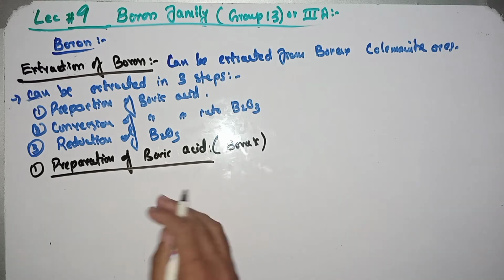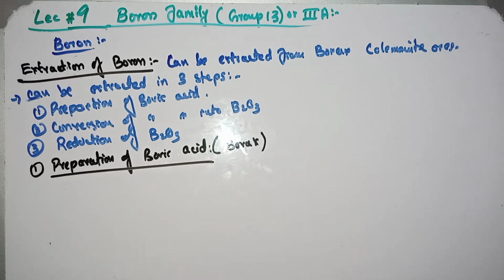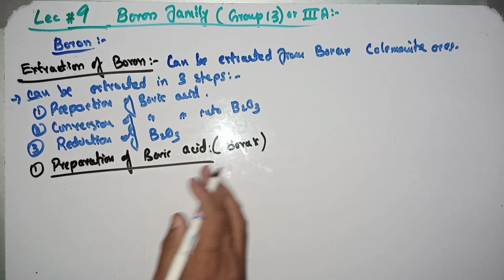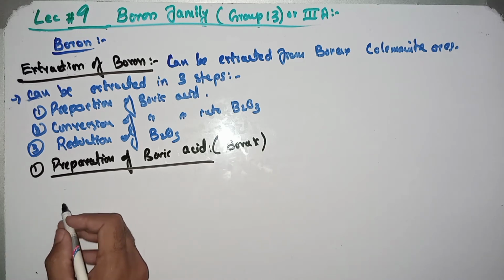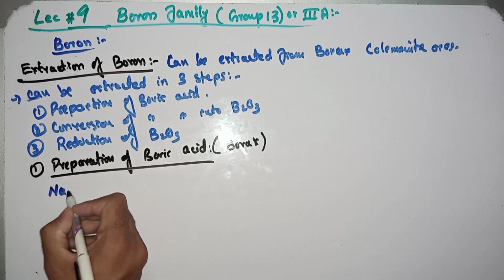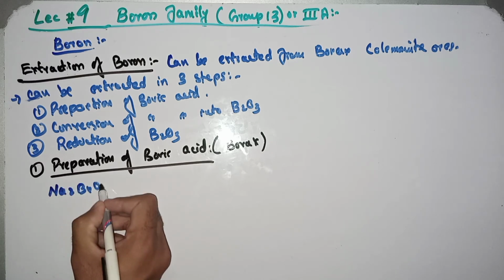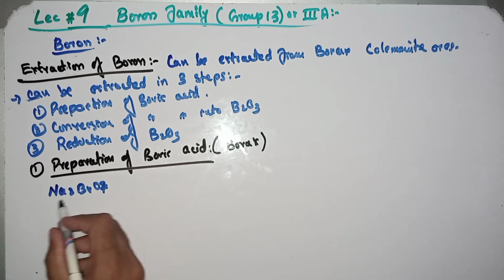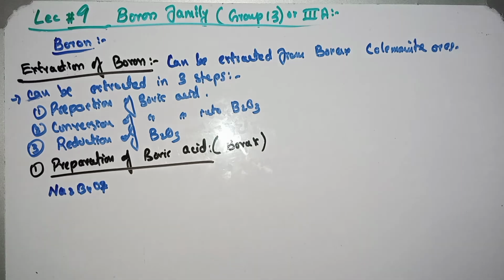How can boric acid be found from borax? A few minutes ago, I explained to you the formula of borax. This is the formula of borax, Na2B4O7. That is called borax.